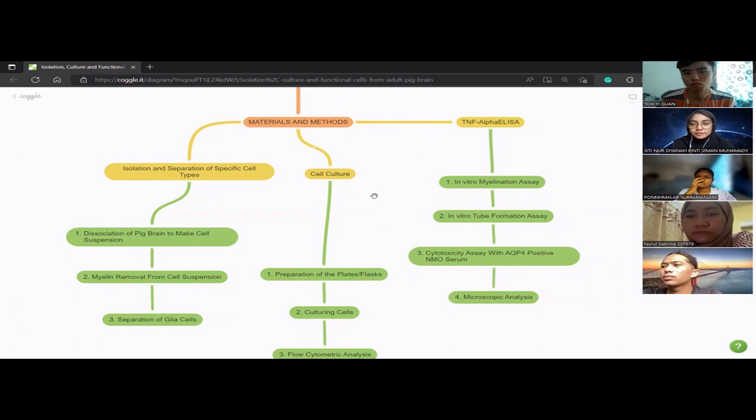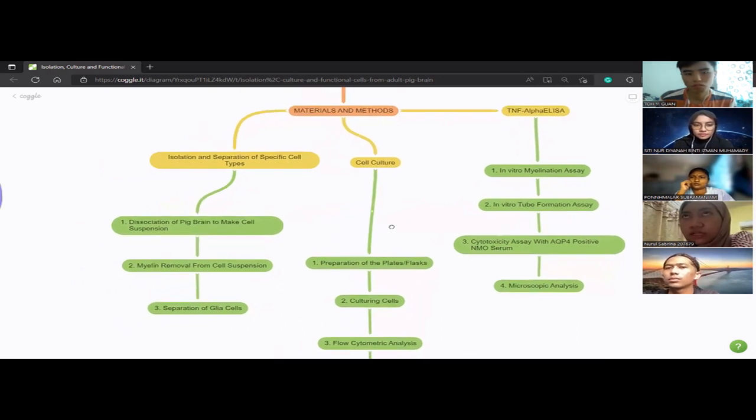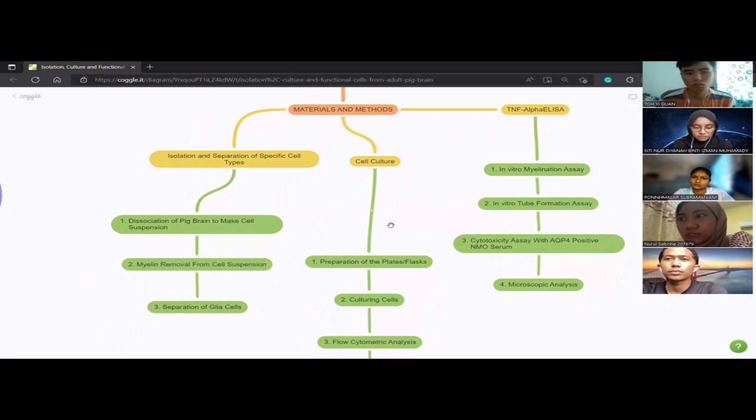The first part is isolation and expression of specific cell types. Under this part, there are 3 smaller parts, starting with dissociation of pig brain to make a cell suspension. The materials needed are PBS, FCS, HBSS, and the important one, the pig brain.